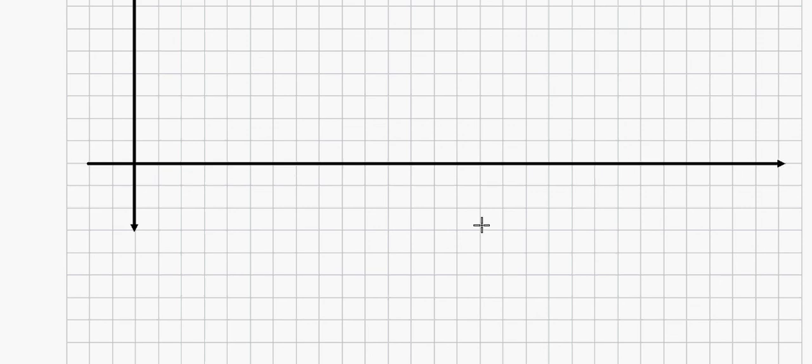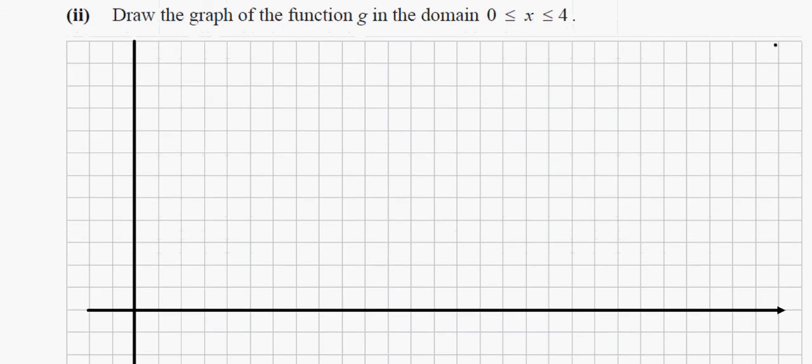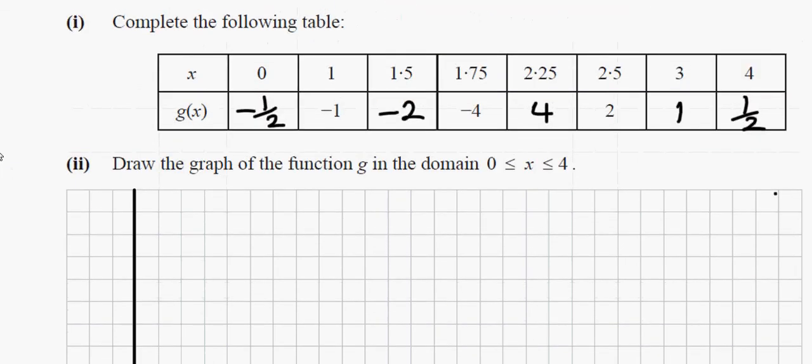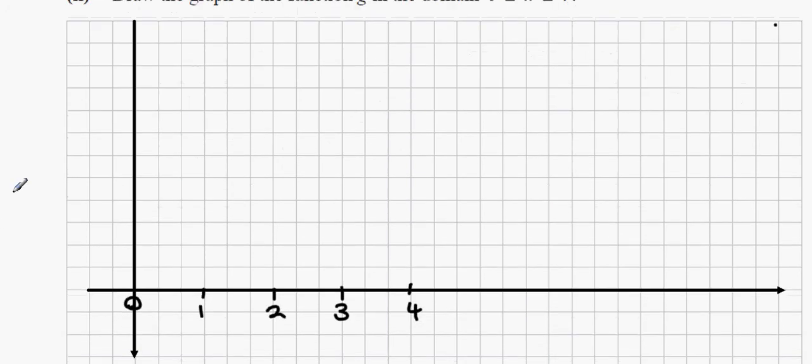Each square is going to be worth 1 point. So we're going to have 0, 1, 2, 3, and 4. Now the y values can go anywhere from a half to 4, so we'll go up in ones: 1, 2, 3, and 4.